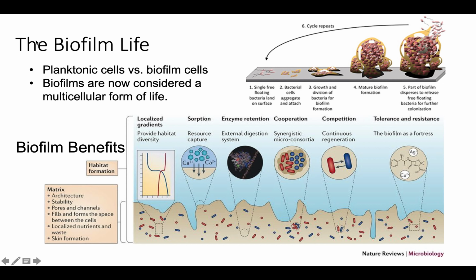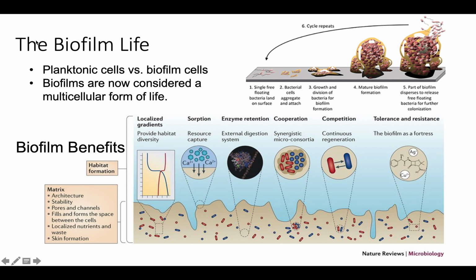These are known as planktonic bacterial cells. And when they go to start a biofilm, some of these planktonic cells will adhere to a surface. Now, it can be an inanimate surface, or it can be an animate surface, such as a tissue, if it's within us.